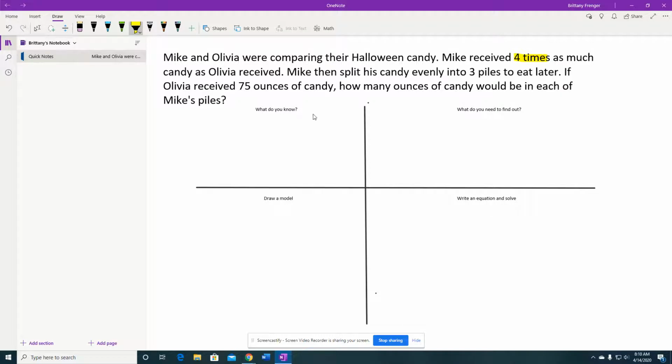Okay, so in my note chart, I'm going to write M, 4 times O, because I'm going to put A instead because O kind of looks like a 0. So I'm going to go based off of her last letter. So 4 times A, which stands for Olivia.